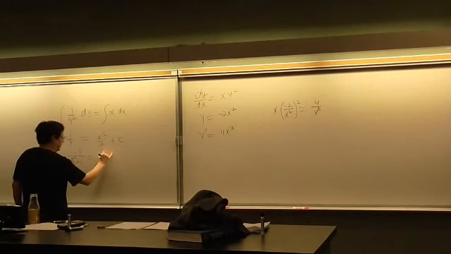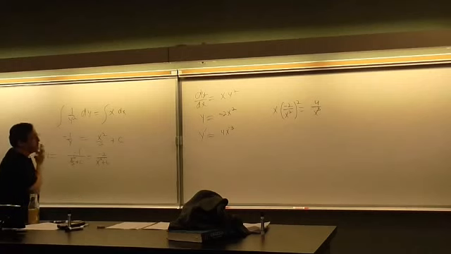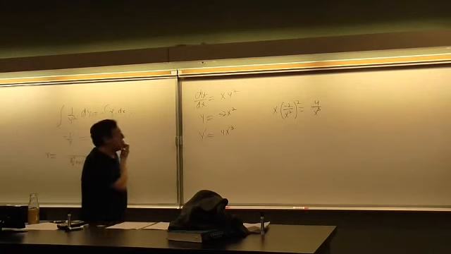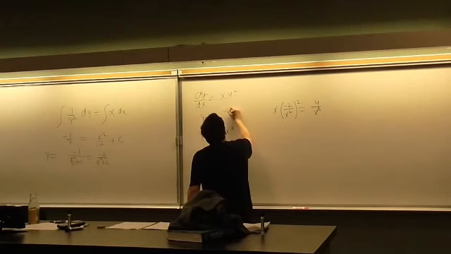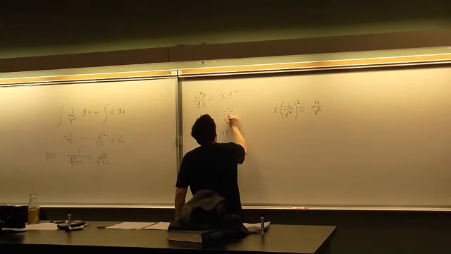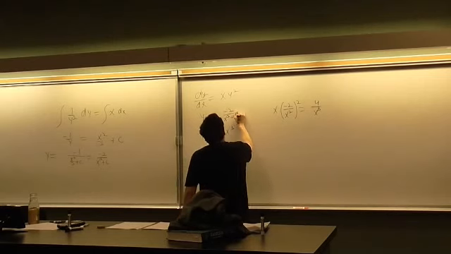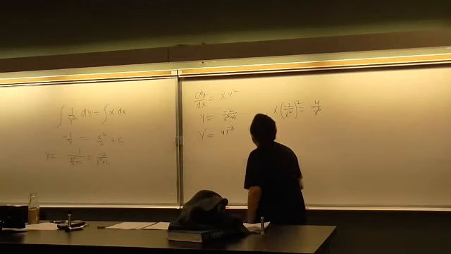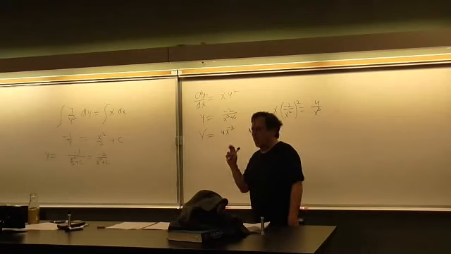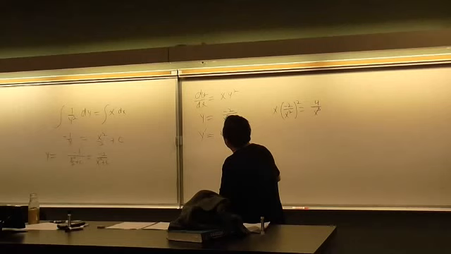Or negative 2 over x squared plus c. So if we put the constant there, I think we're okay. All right? I'll let you verify that.